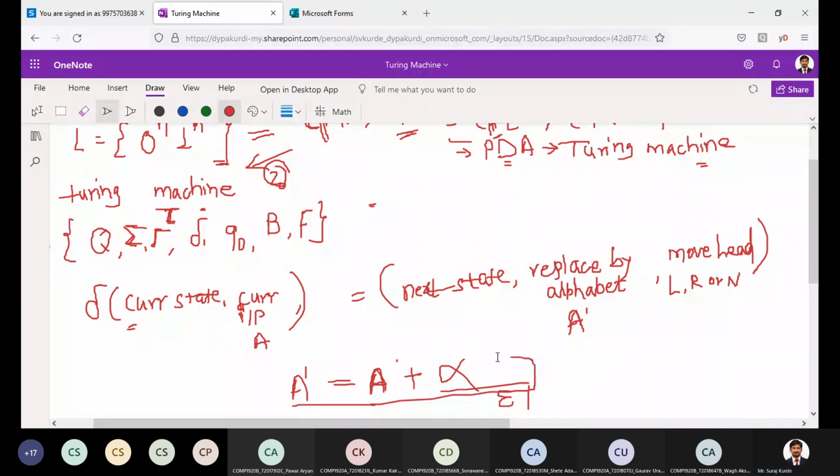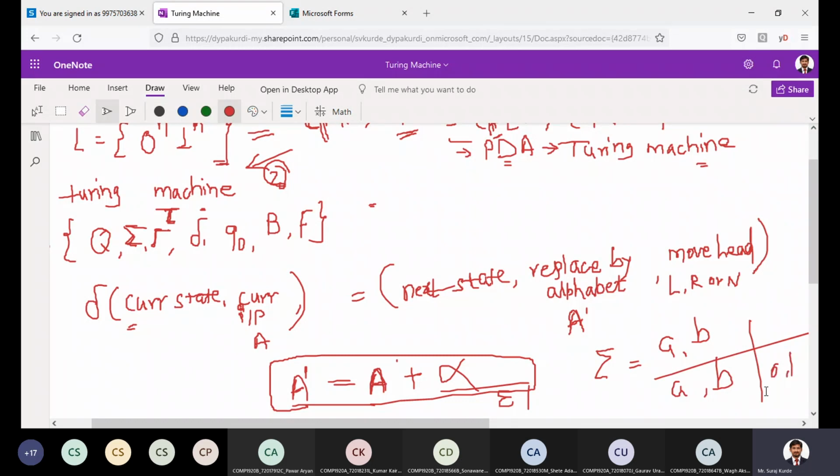So A dash can be equal to the given A, or it can have some additional alphabets, or it can be a different set instead of having the same alphabets as the input. If the input is AB, I can write AB on the tape, or I can write 0, 1, or anything, whatever you want.